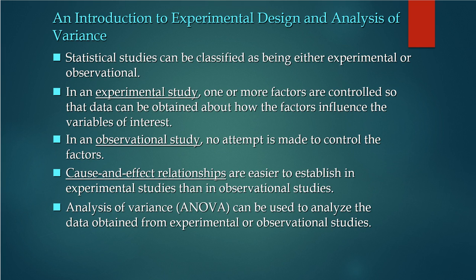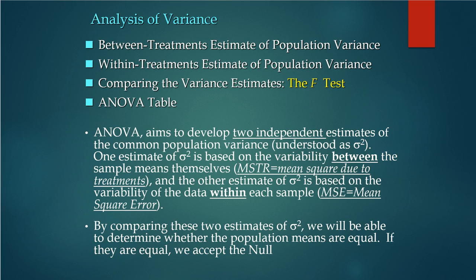So, an analysis of variation or analysis of variance, the ANOVA, can be used for either experimental or observational studies. The basics of ANOVA are to determine the variance, and we're going to have two separate, independent estimates of variance.